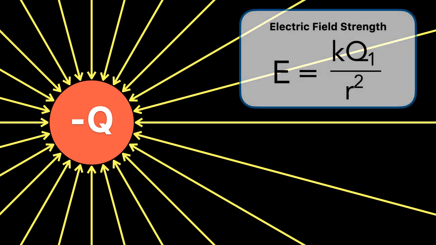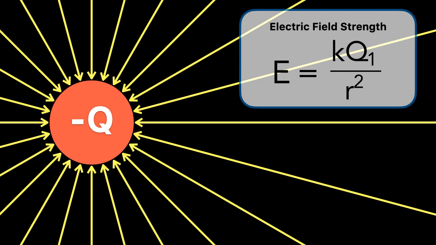So let's say there is a field surrounding it. And notice the field is directed toward the negative charge. There is an equation that actually calculates the strength of an electric field. It's given by this equation right here. R squared is how far you are from the center of that charge. Again, we're not going to be calculating it, but I just think you should see it.